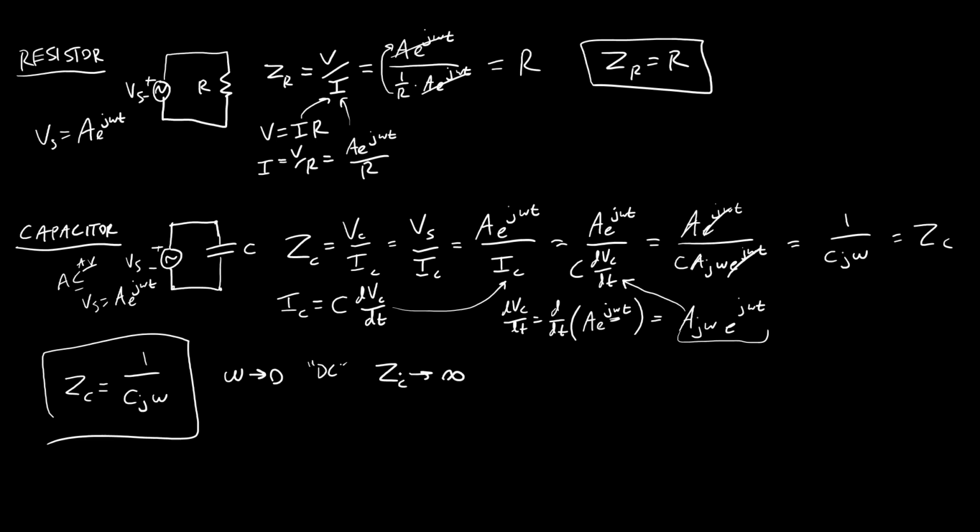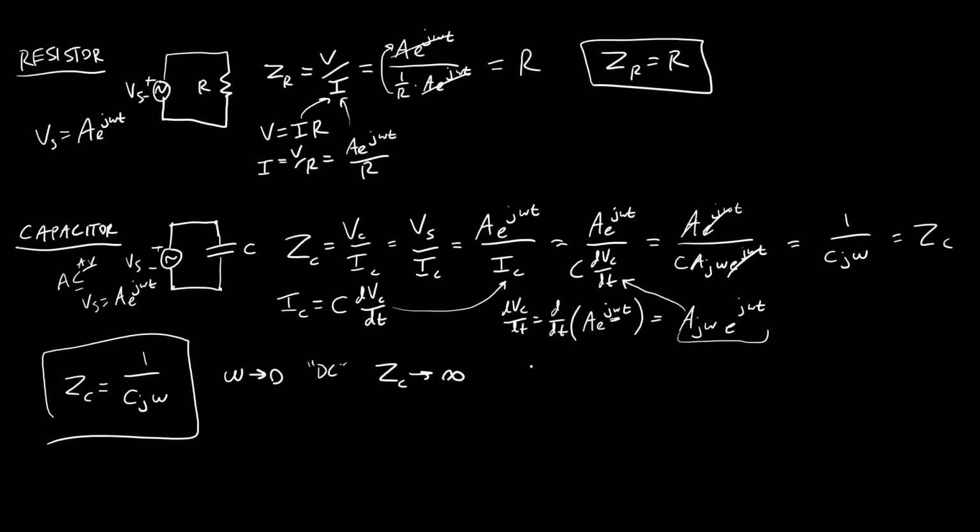In other words, if you think about impedance kind of like resistance, that's saying as the frequency of the source goes to 0, so you pretend you just replace this with a battery, a constant source instead of an alternating source, then the effective resistance of that capacitor goes to infinity, which is like having an open circuit.